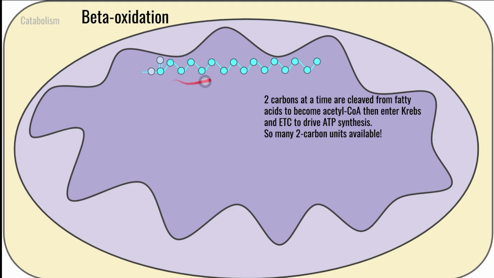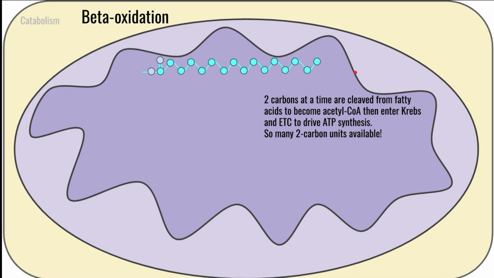Okay, so here is our fatty acid, and we are now inside the mitochondria, inside our mitochondrial matrix. The series of chemical reactions that we are going to use in order to break down this fatty acid is called beta oxidation.